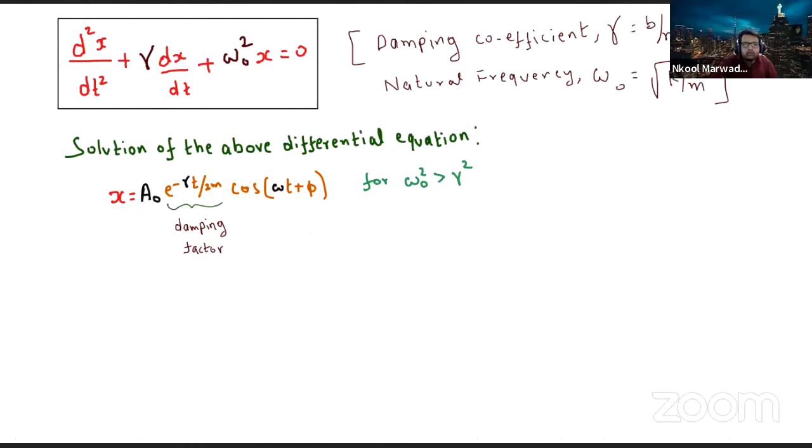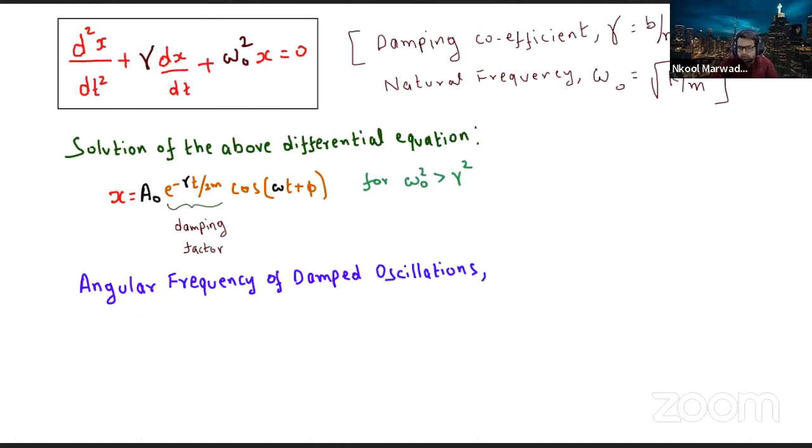Now, from this, one more thing we should take a note of, that is the angular frequency of damped oscillation. Because if I know the angular frequency, then I can get the time period also. Angular frequency of damped oscillation, I can denote with omega. It will be equal to the root of natural frequency omega naught square minus the damping constant upon 2m square.